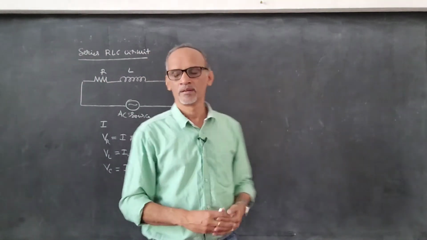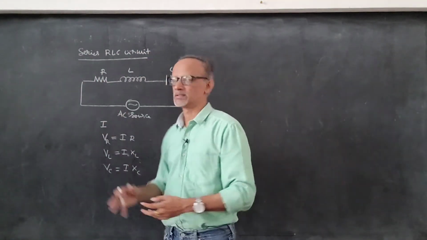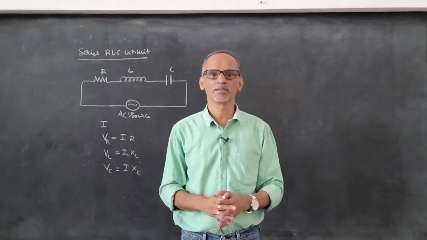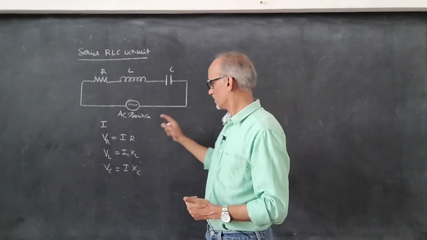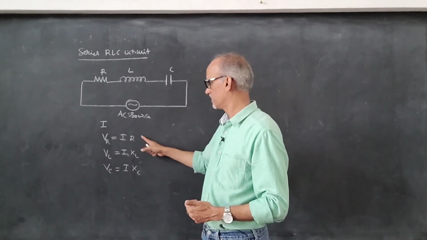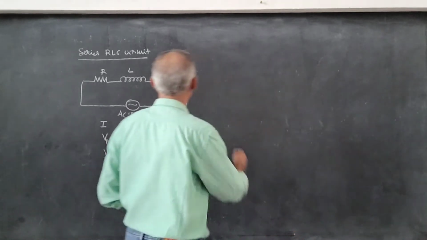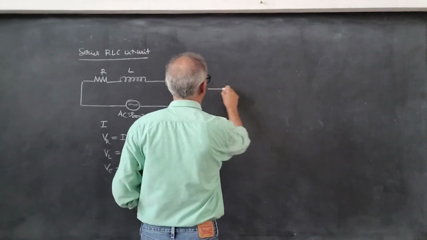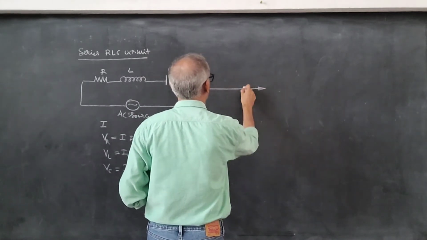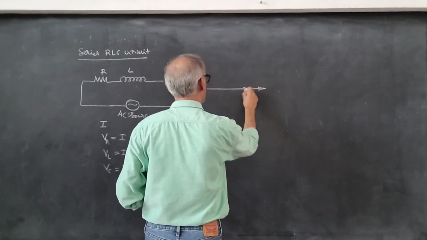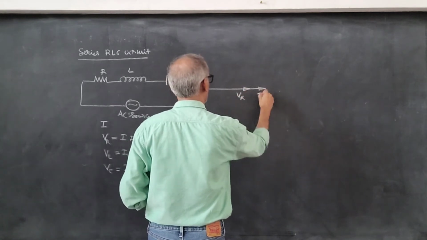Now between voltage and the current, the phase relation is not the same in all the three cases. In resistor, voltage and current are in phase. So I can draw the phasor diagram here, where the voltage and the current are in phase.